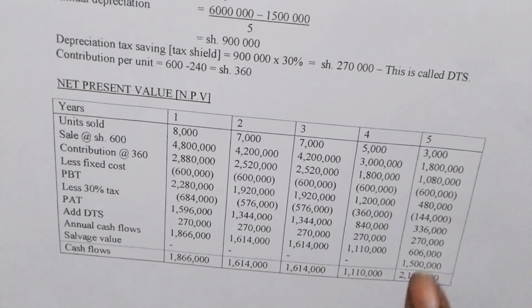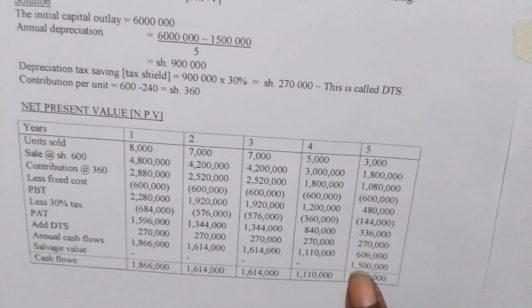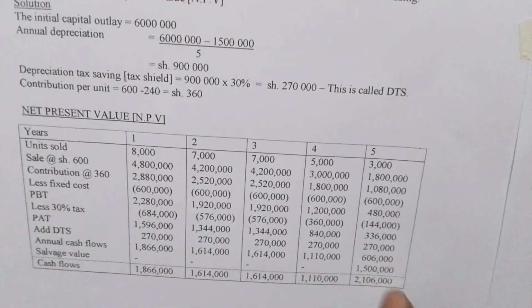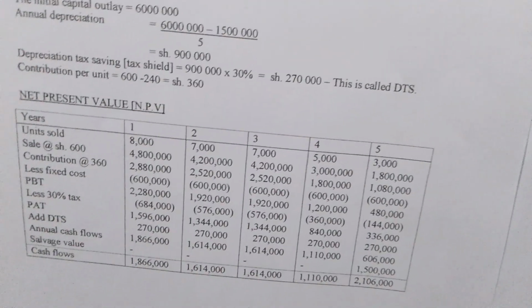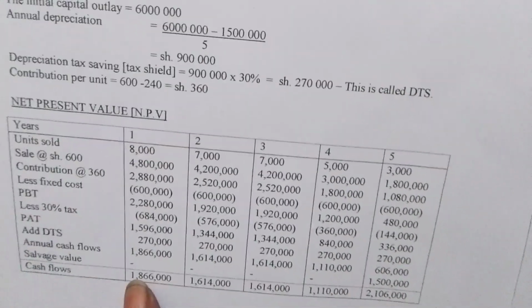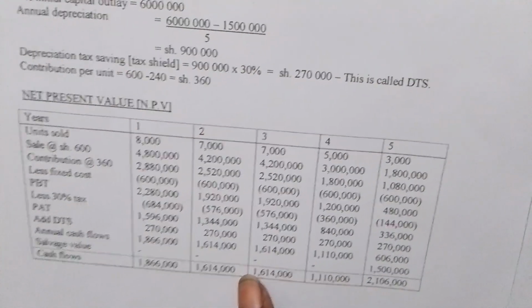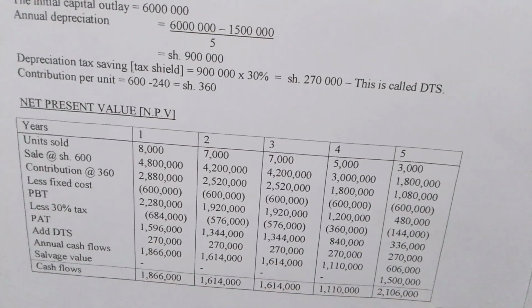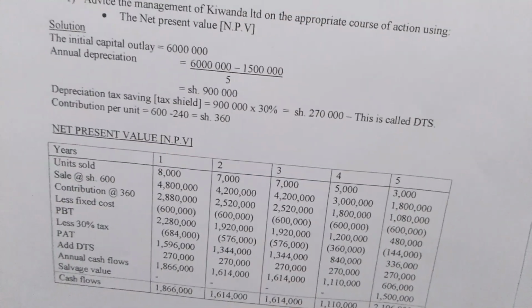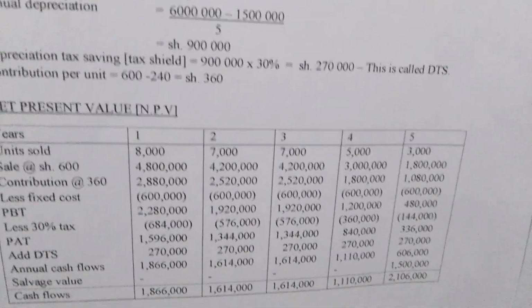However, consider that in year 5 we have two cash flows, which means we have to consider the salvage value or the scrap value. So our cash flows, which we will use to calculate the net present value, are these cash flows as they appear here. That is quite important as far as our calculation of net present value is concerned.